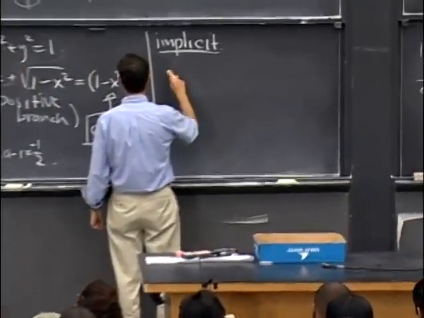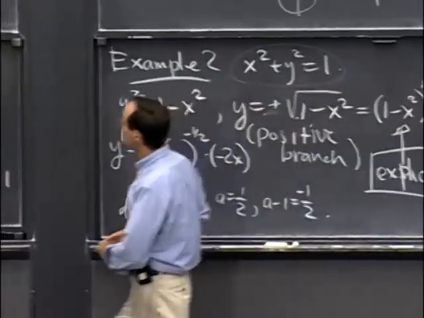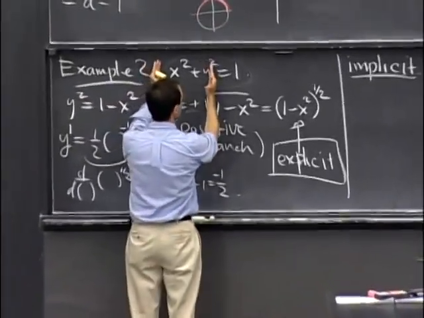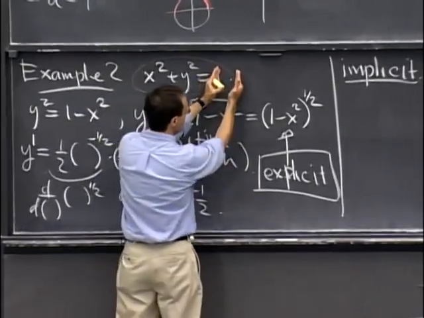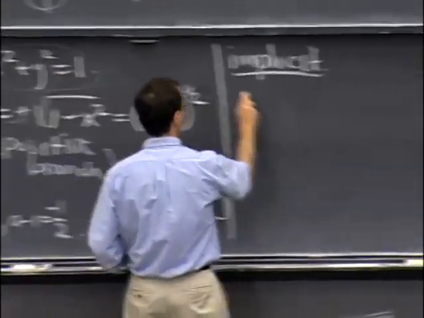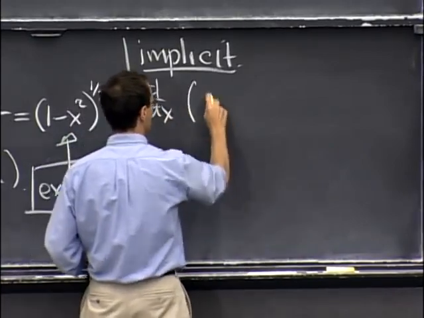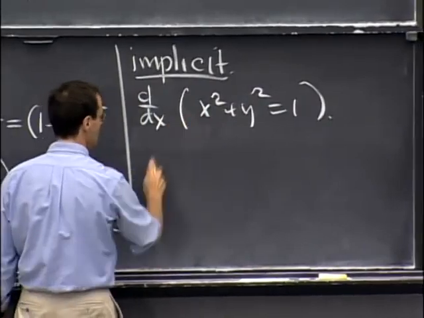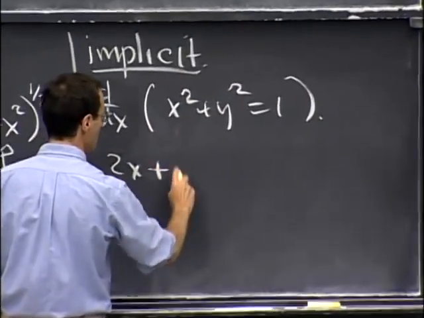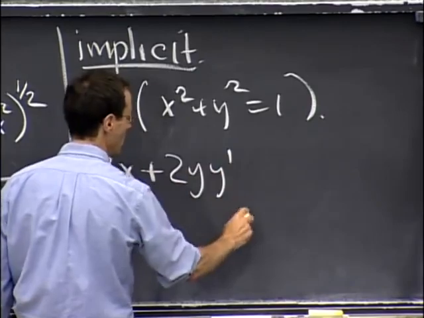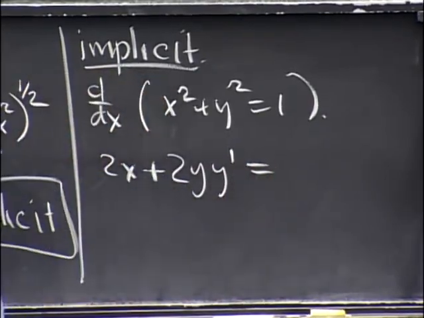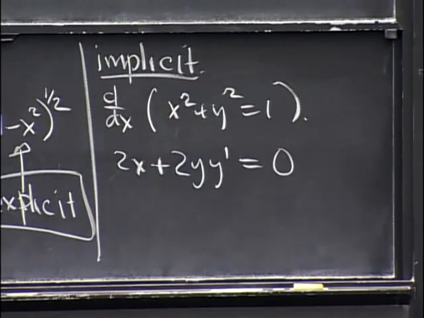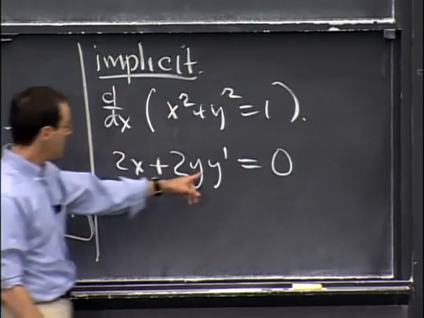So what happens? So again, what's the method? Let me remind you. You're applying d by dx to the equation. So you have to differentiate the left side of the equation and differentiate the right side of the equation. So it's this. And what you get is 2x plus 2y y prime is equal to what? 0. Derivative of 1 is 0. All right, so this is the chain rule again.